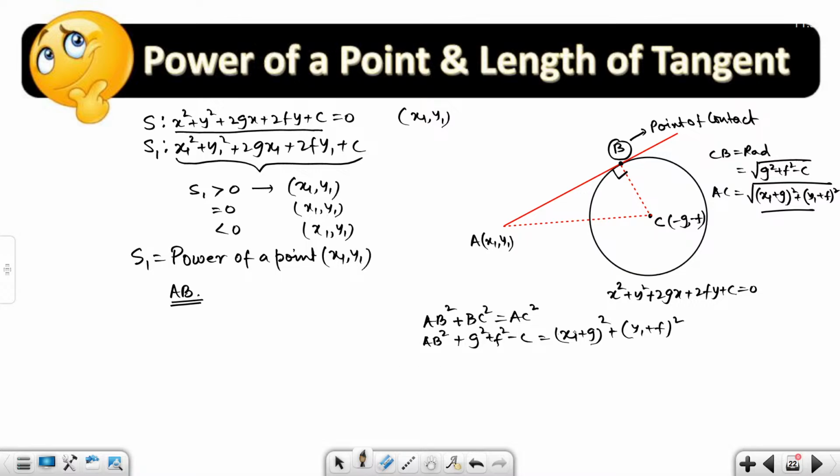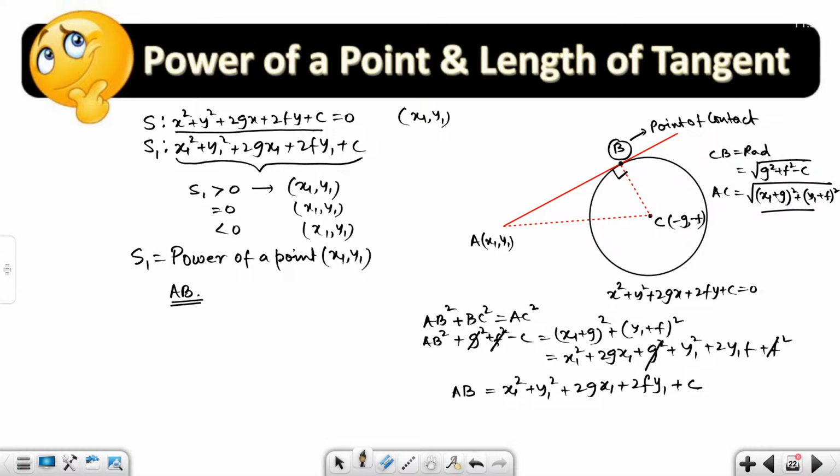Okay, so if we expand this, now g square and f square will get cancelled. So AB square is coming to x1 square plus y1 square plus 2gx1 plus 2fy1 plus c.